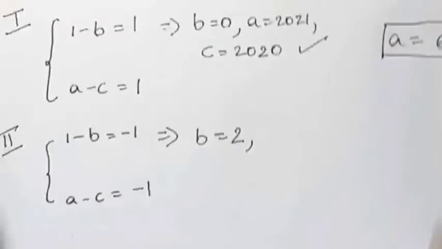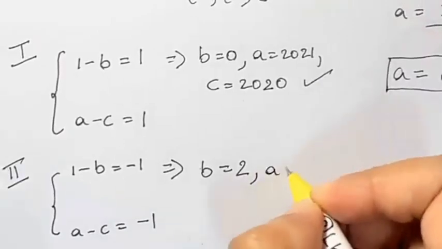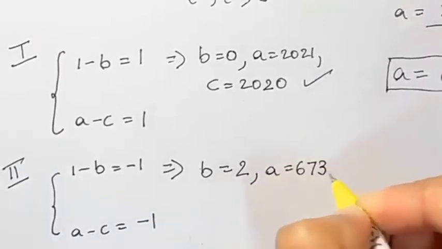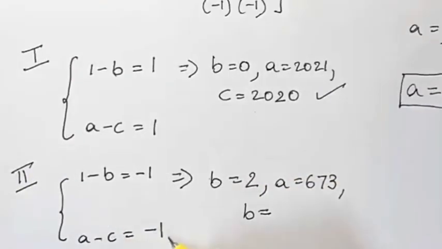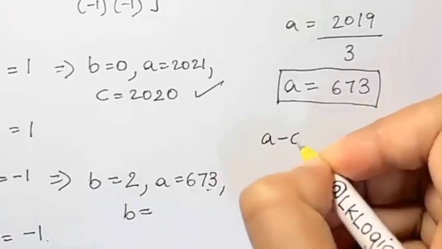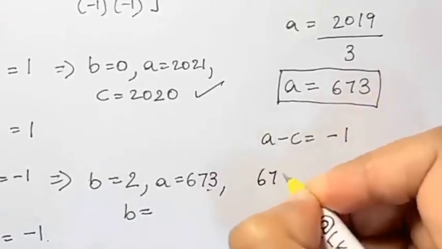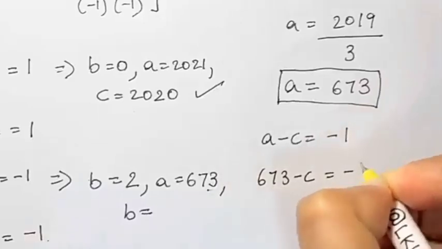So let's put it back. So here we have A is equal to 673. A minus C equals to -1. We found the value of A, so let's put it in that. A minus C is equal to -1. A is 673. 673 minus C is equal to -1.